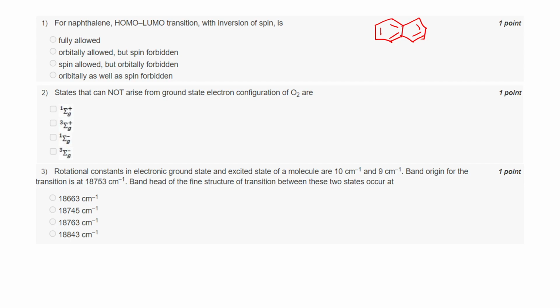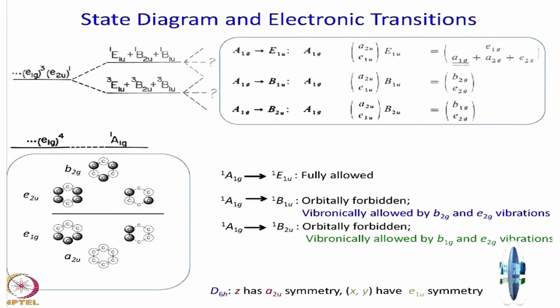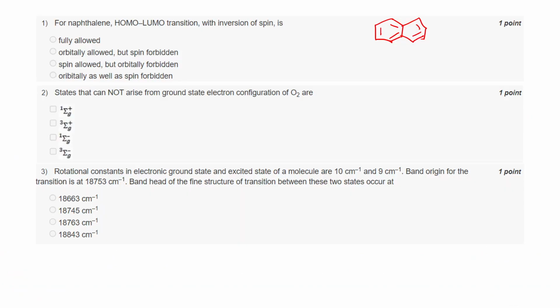So with inversion of spin, that is going to be a homo to lumo transition. Homo and lumo we have already seen for benzene. As you can see, spin forbidden transitions are not allowed. Orbitally allowed, but spin forbidden.